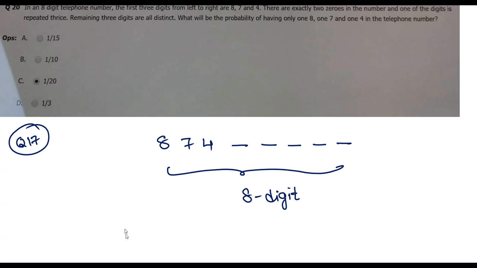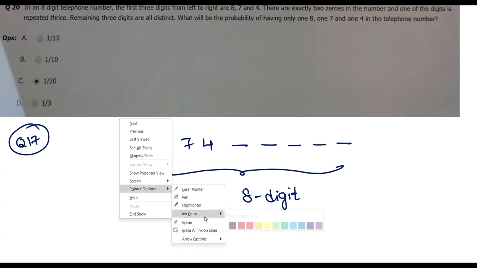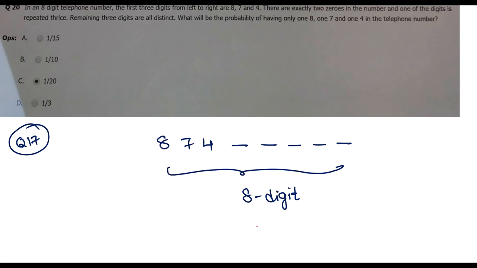Somewhere 2 zeros will come; they can take any place. Okay, and let's say 2 slots are filled, still 3 slots are there. They said one of the digits is repeated thrice. The remaining 3 digits are all distinct.